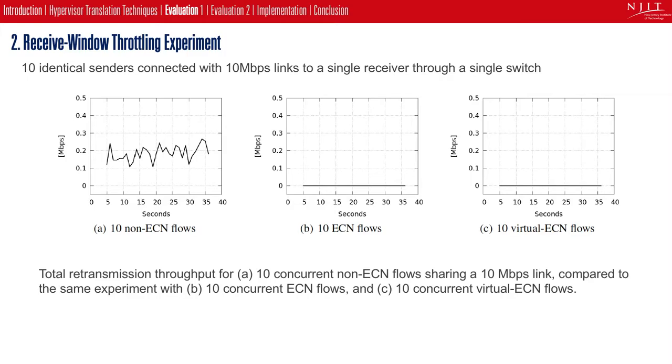However, as shown in part C, once virtual ECN is activated, the lost capacity is regained as virtual ECN can react to congestion without dropping packets and retransmitting them. It shows again how the legacy ECN flows suffer from strong unfairness.